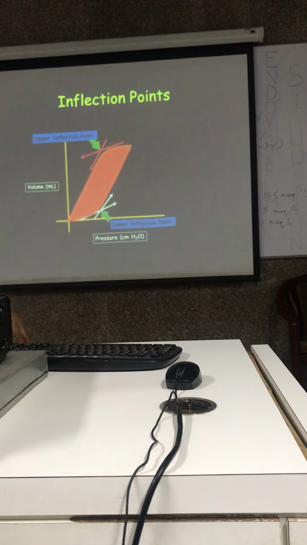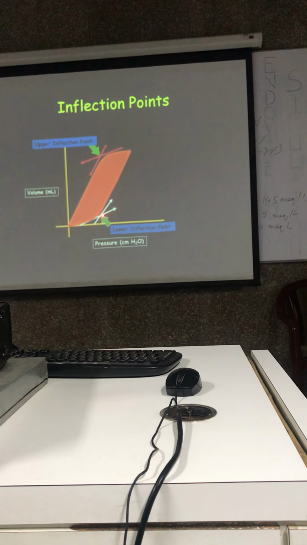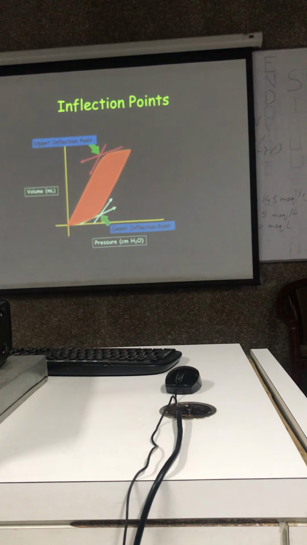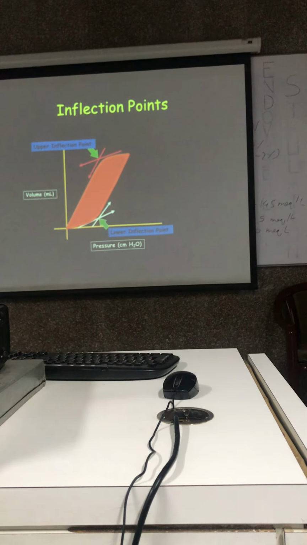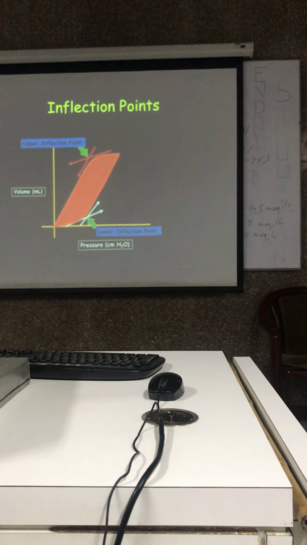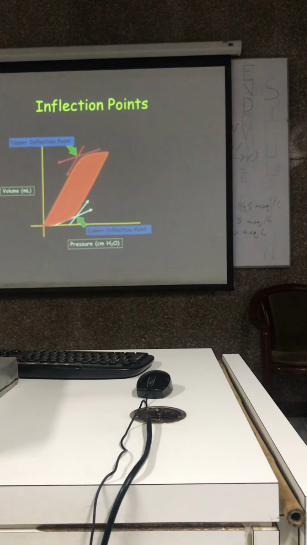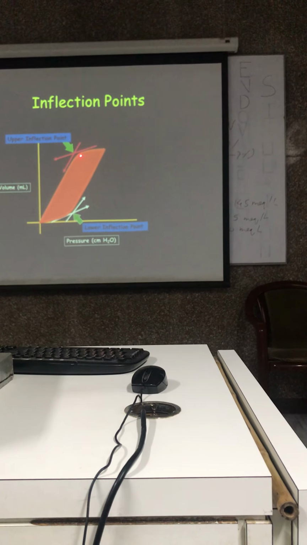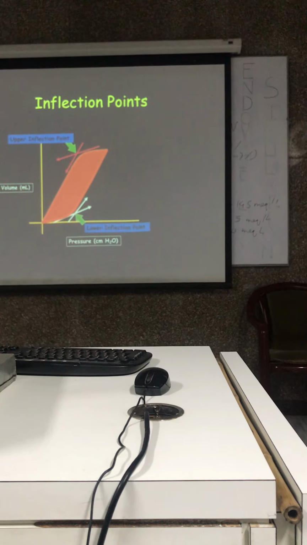But a school of thought, especially European investigators, felt that keeping the PEEP at the lower inflection point was probably the right way to go to keep the lung expanded and prevent de-recruitment of the lung, and prevent over distension by seeing that the upper inflection point was not too high. We like to keep it a little lower. So those were the things that they kept at. Based on the upper inflection point, the tidal volume would have been adjusted. That's what used to be done. Okay?